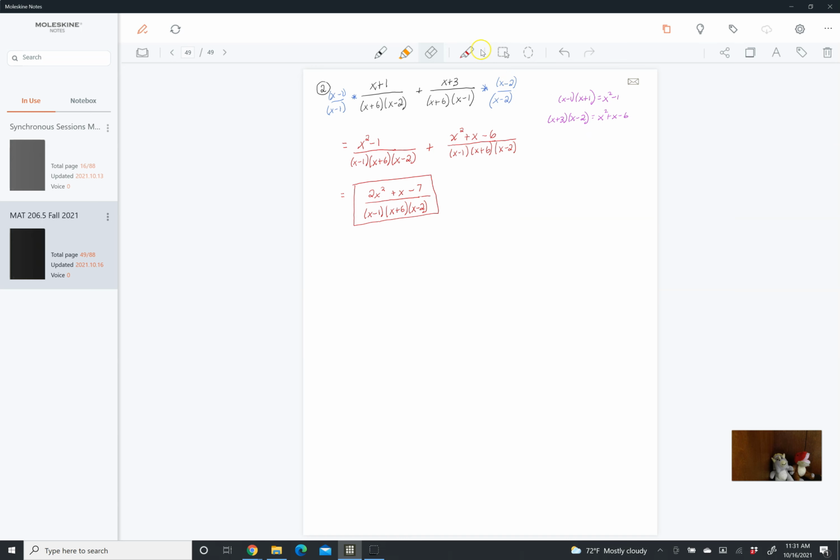Okay, so once again, from here to here, we found a common denominator and multiplied the numerators.